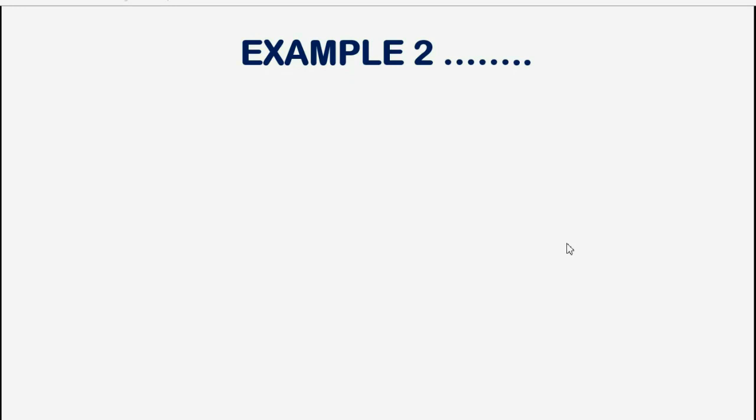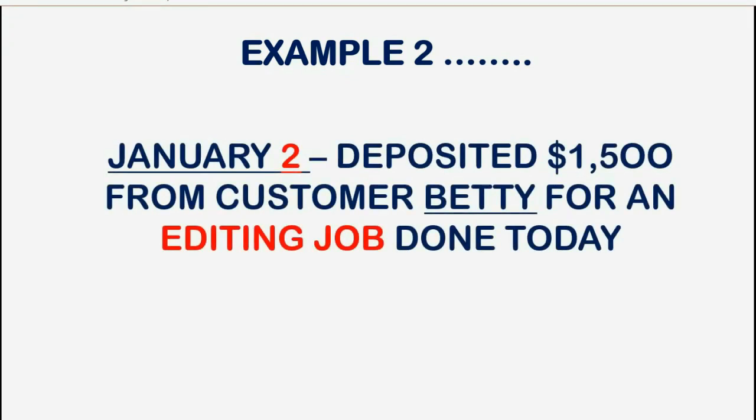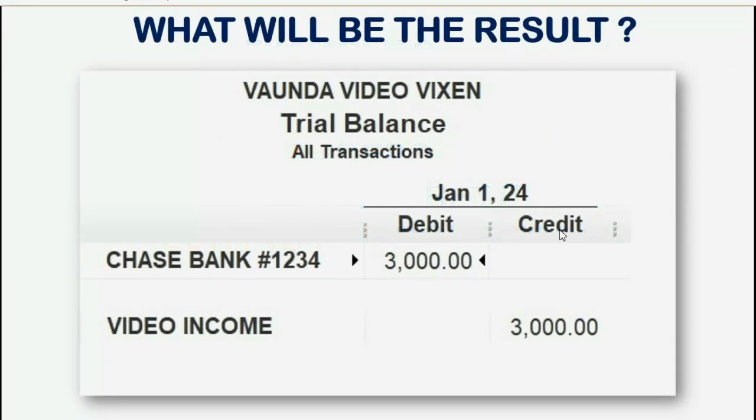Let's try a second example. Let's imagine on January 2nd, we deposited $1,500 from customer Betty for an editing job that was done on January 2nd. So what will be the results in the trial balance after we record this second transaction?